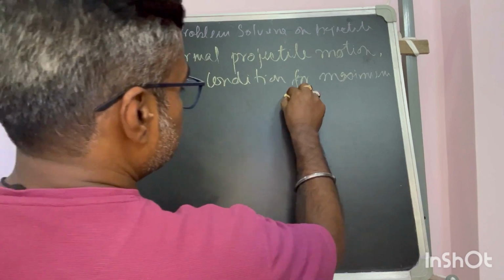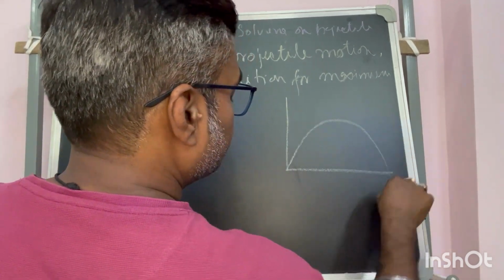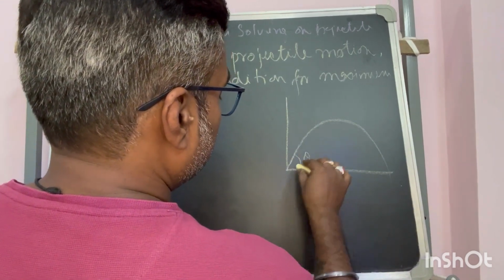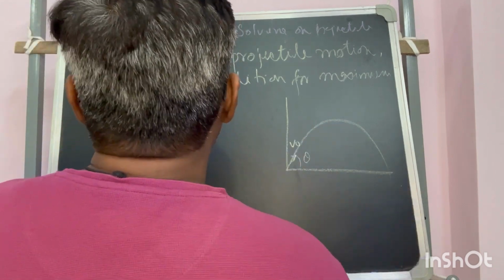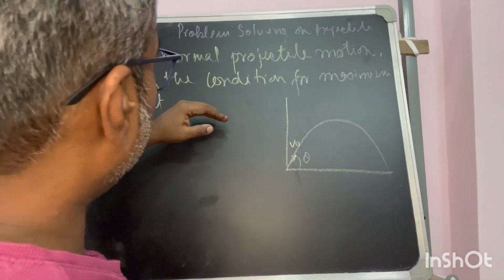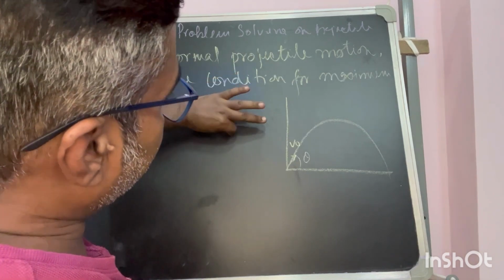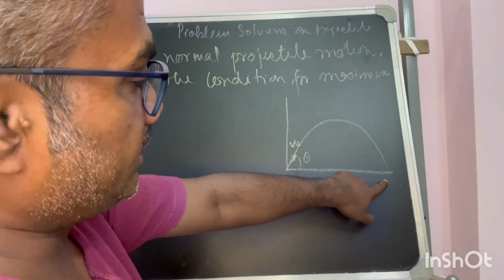So we will consider the same diagram. If I throw it with an angle theta with a v0, will we call it the same condition, that it will reach the maximum range?